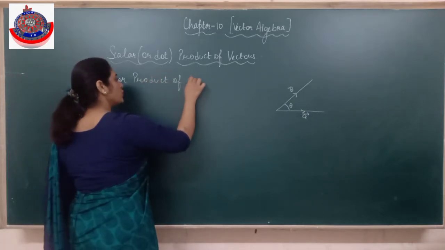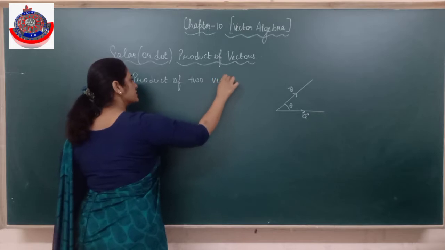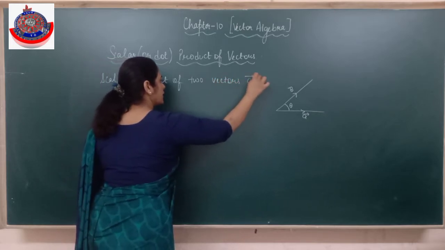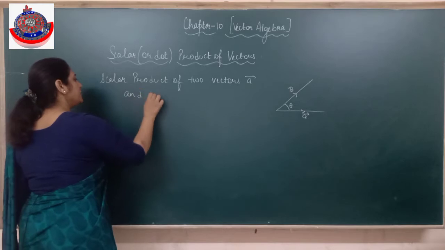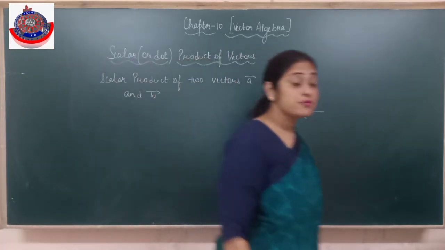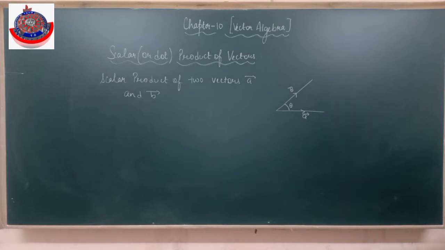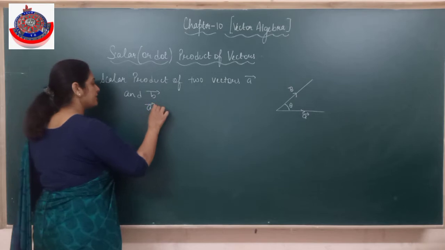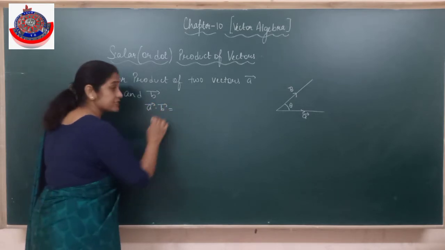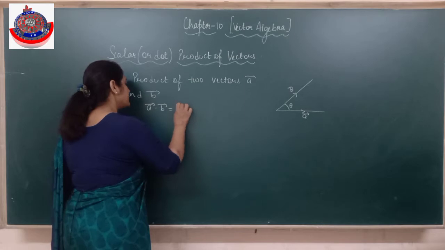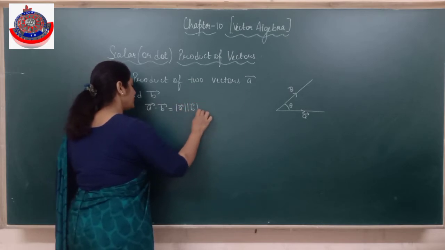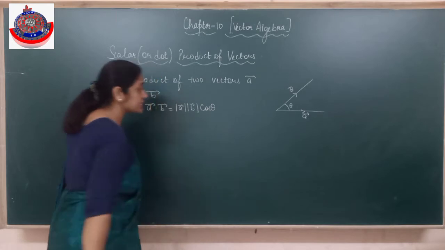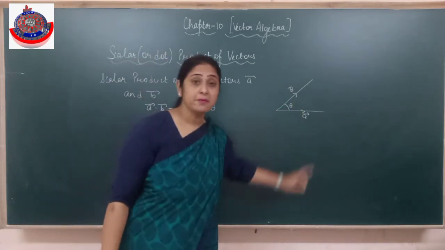The scalar product of two vectors a and b is represented, because it's a dot product, like this: a vector dot b vector, that is magnitude of a into magnitude of b into cos theta, where theta is the angle between a and b.